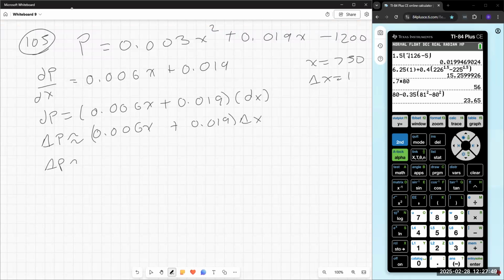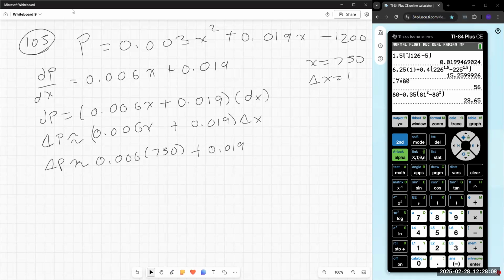So delta P is about 0.006 times 750 plus 0.019 times 1.